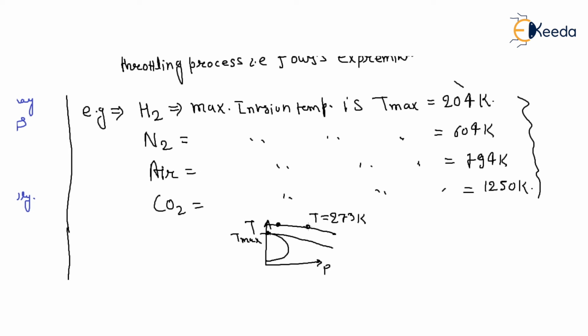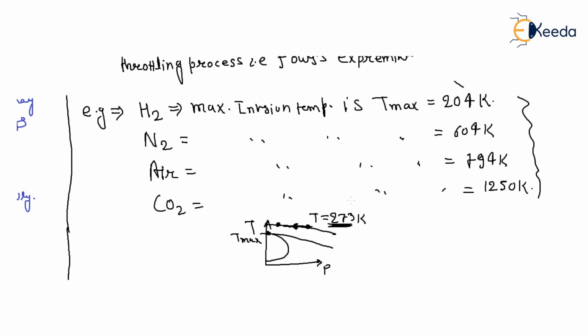If you throttle this, it is not cooling, it is heating. Why? Because you have done the experiment at this temperature, but our inversion temperature is this one. So above the maximum inversion temperature, it cannot be cooled. So how can it cool?